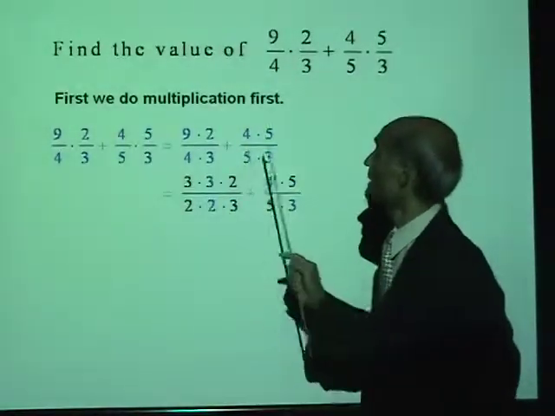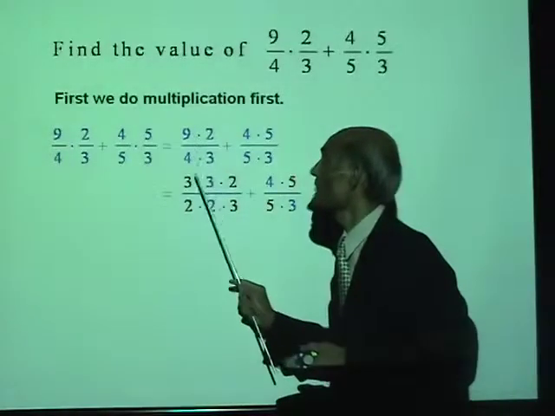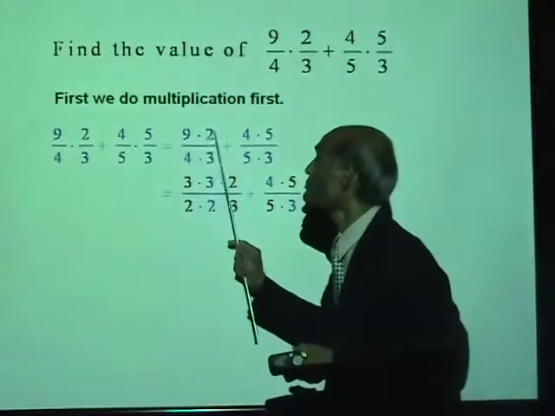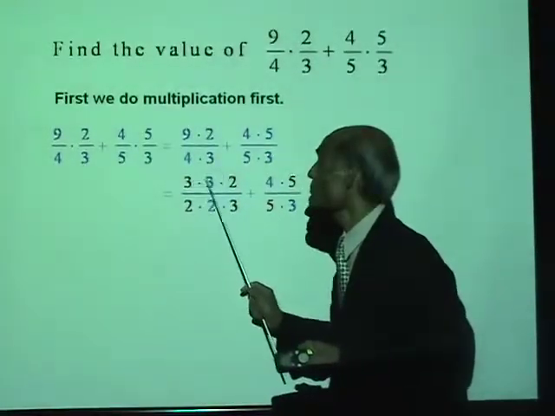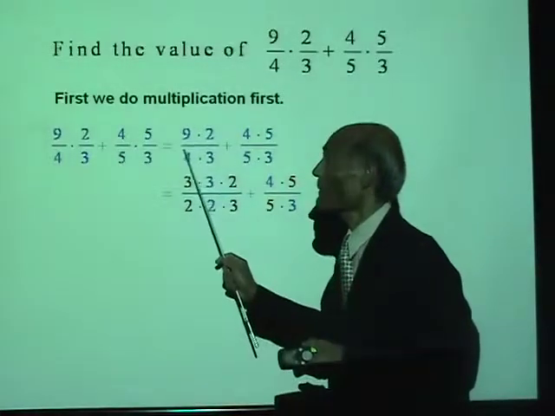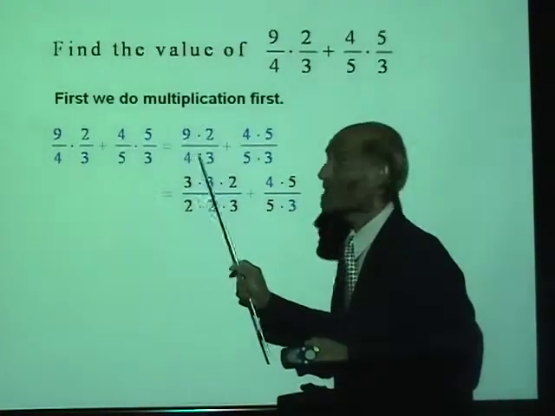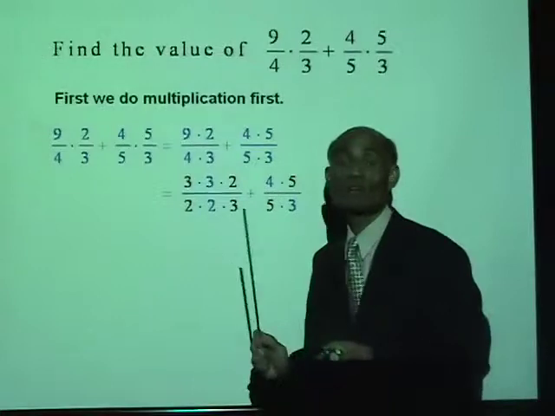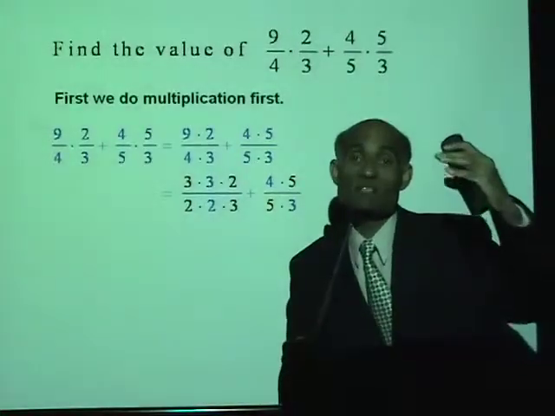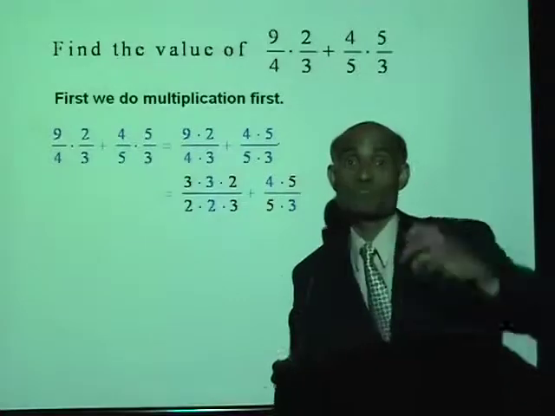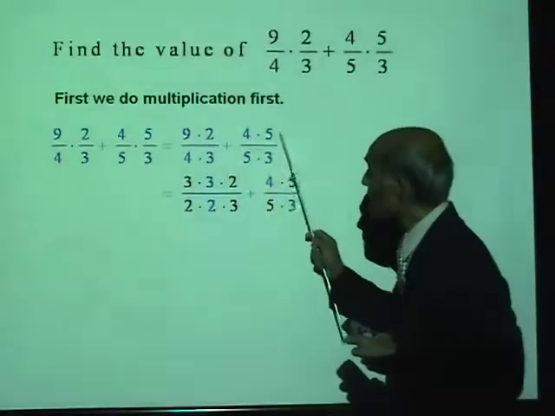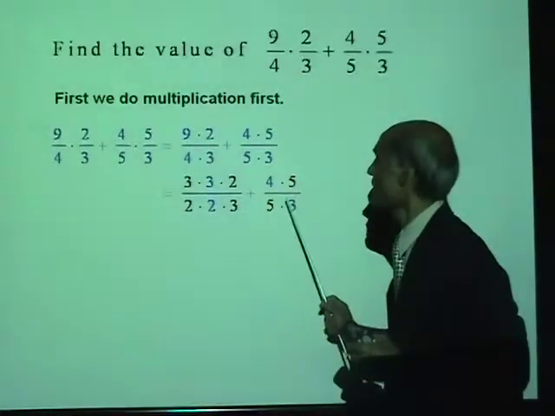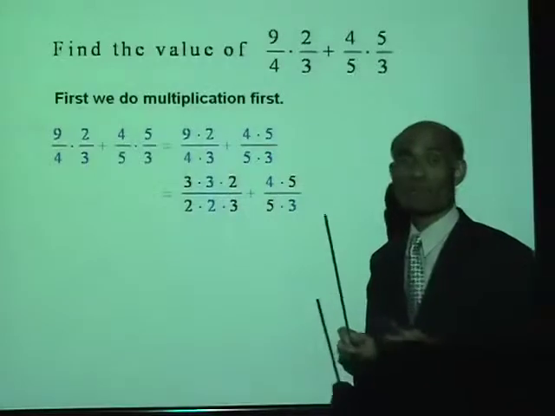Let's simplify that. 9 can be factored as 3 times 3, so 9 times 2 is 3 times 3 times 2. On the denominator, 4 is factored as 2 times 2 times 3. Why do we do this? So that we can identify common factors and cancel them. In the second number, you don't have anything to factor. That will be 4 times 5 divided by 5 times 3.